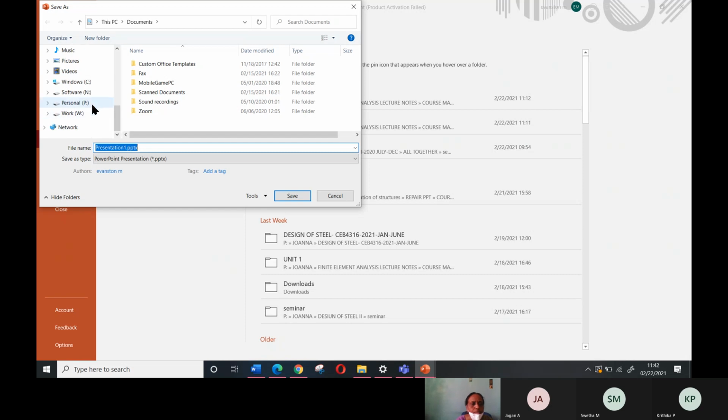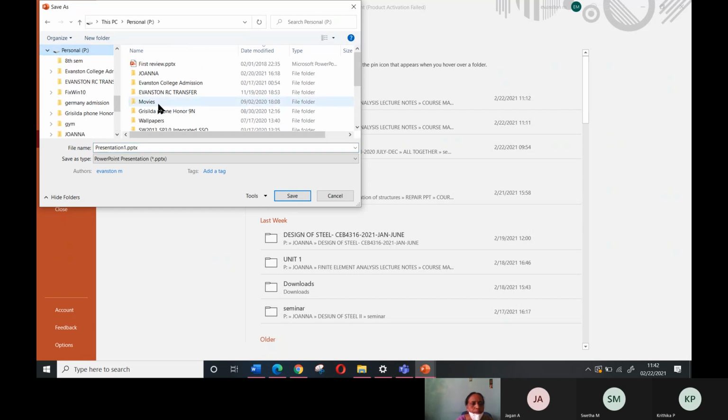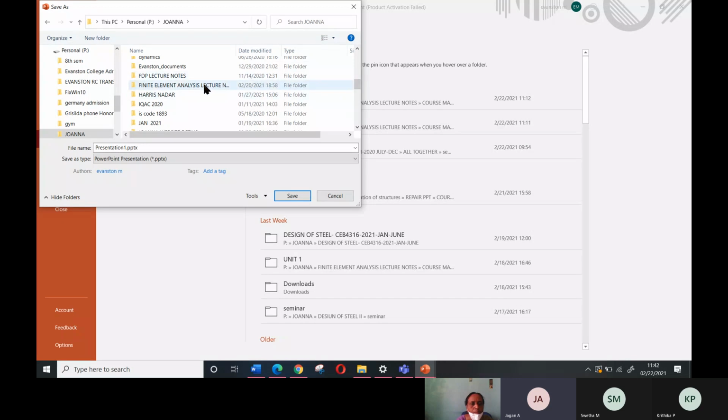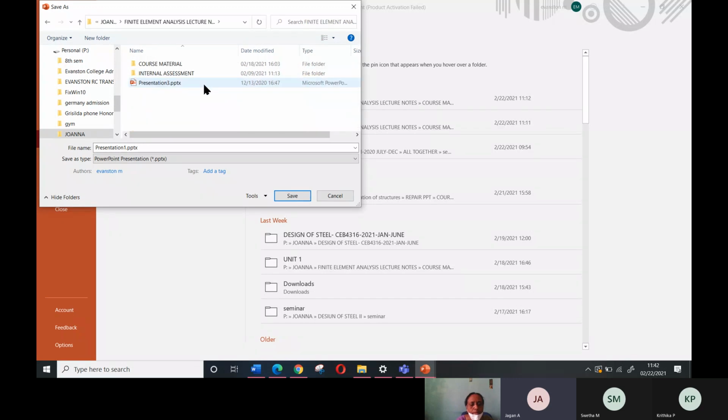What's the value of the constant you are getting? Same answer, ma'am. Minus 1 by 4. Okay. Psi 2 is minus 1 by 4. Then you formulate for psi 3.